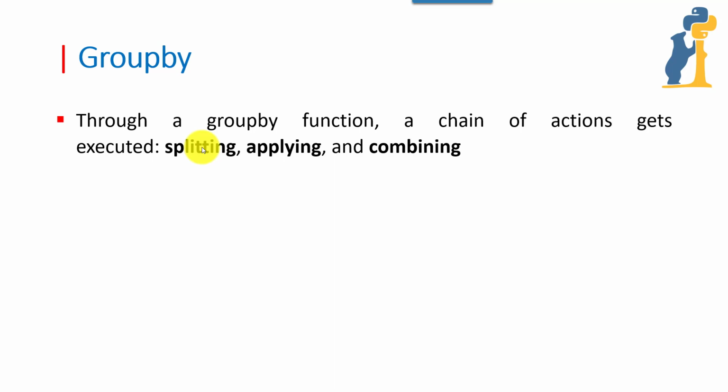This function might involve aggregation, like sum across a group or mean across a group. Transformation may be filling not-a-number values within a group or sorting. Filtration applies conditions within a group to drop rows, or even a combination of these 3 operations. Finally, the results obtained after the function is applied across each of the split groups are combined together.